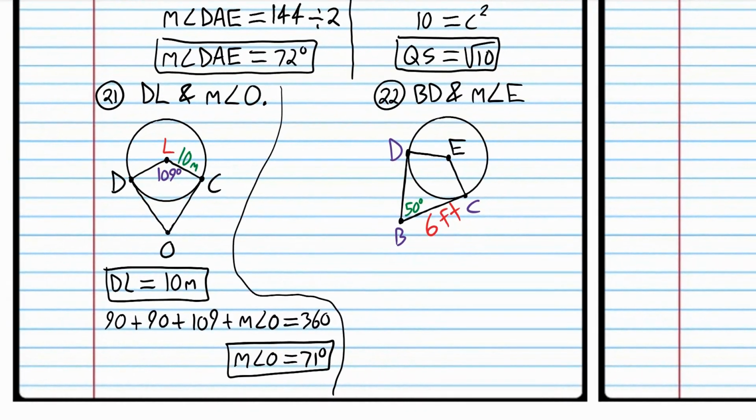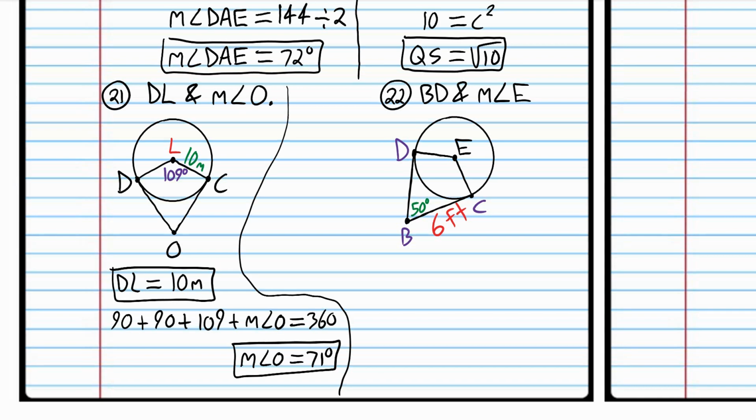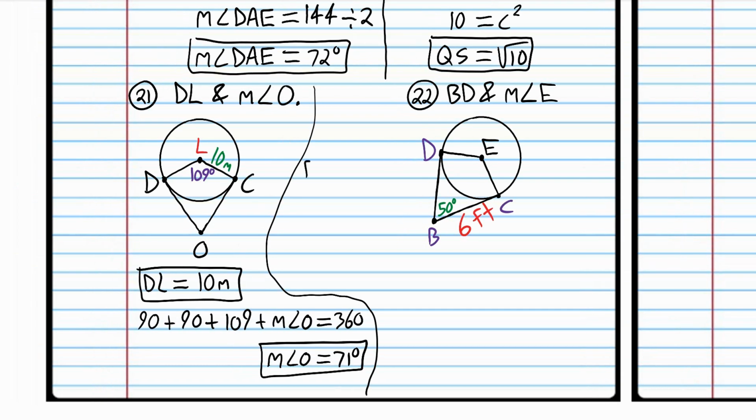Go ahead and try number 22. When you come back, we'll do it together. All right, we're back. BD, that would be equal to 6 feet because this is a quadrilateral.